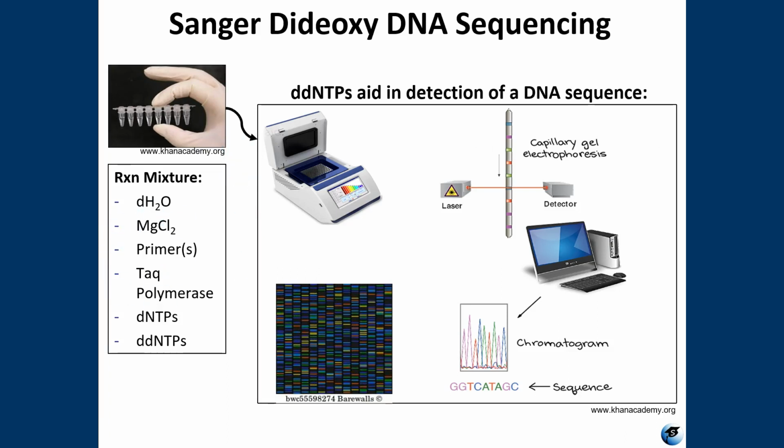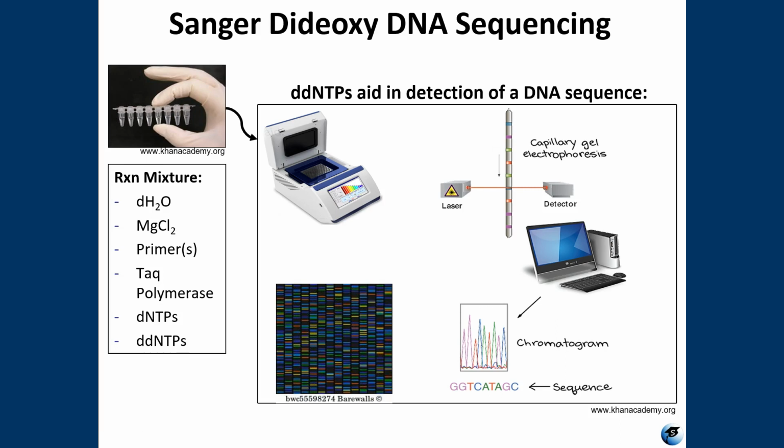For Sanger sequencing, you make a reaction mixture, your soup, right? So your water is still there, your salt is still there, your primer, your polymerase, your dNTPs, and now you also add a small amount of ddNTPs, the dideoxynucleotide pairs.